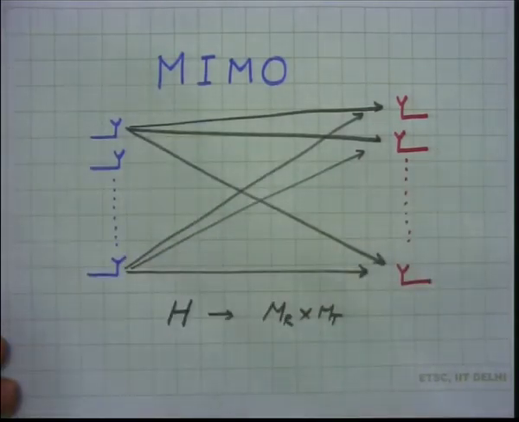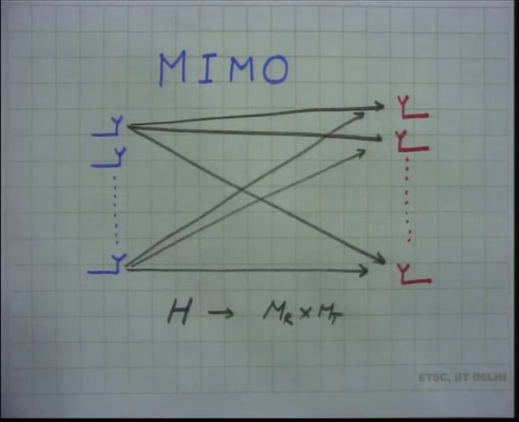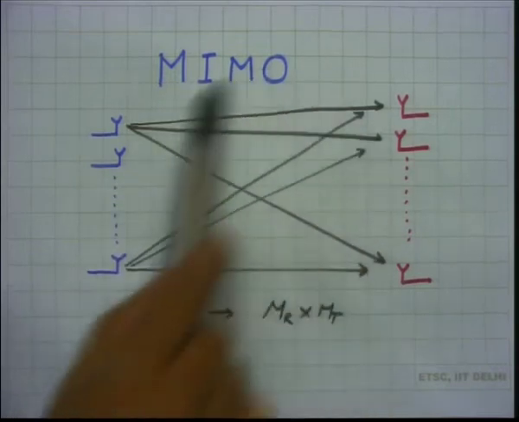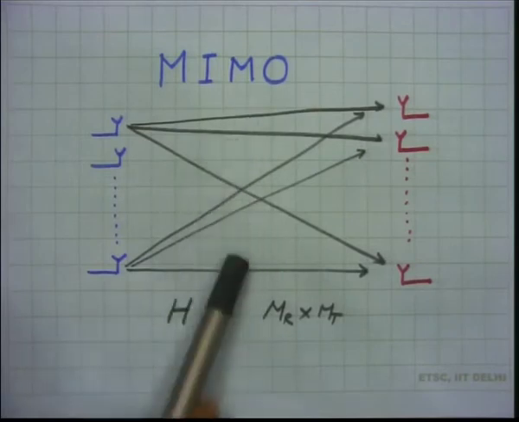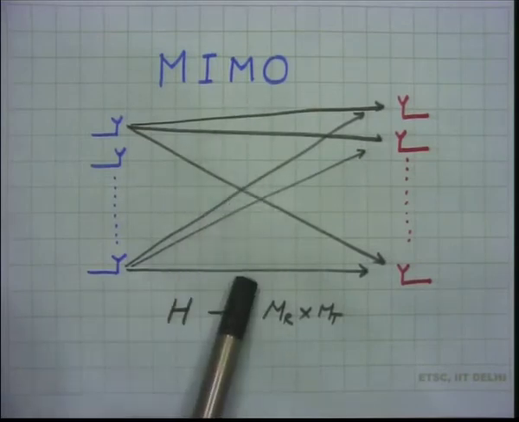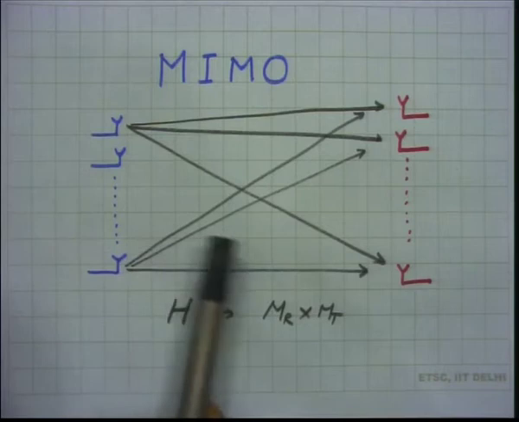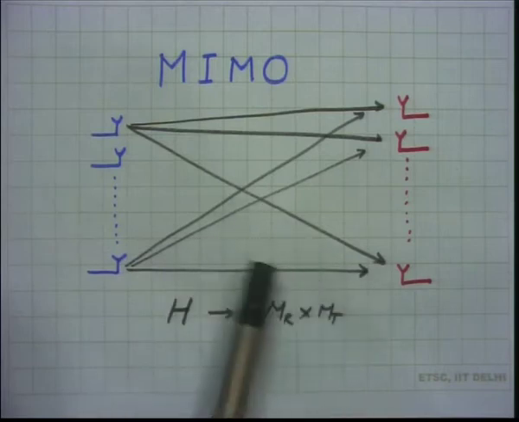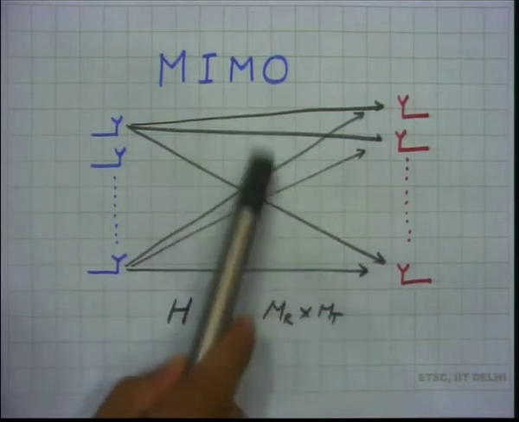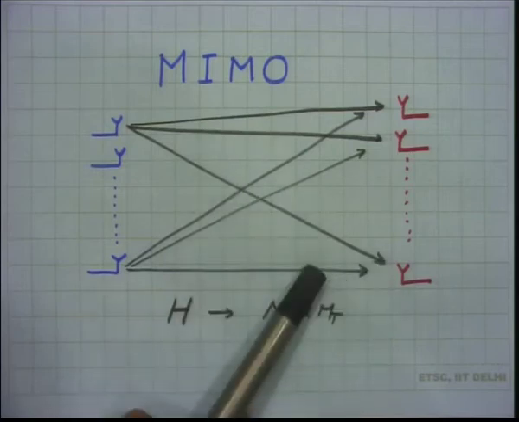So, let us look at the capacity of MIMO systems. Now, we can have two scenarios. One is we know how good or bad the channel is, that is we know the channel characteristics, the channel state information is available at the transmitter, or we are playing a blind game and we have no clue how the channel is, whether good or bad. Why is it important?